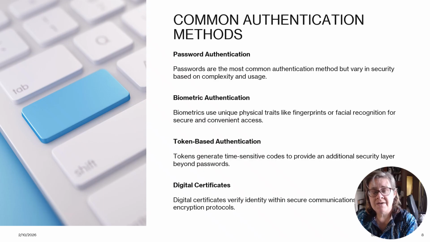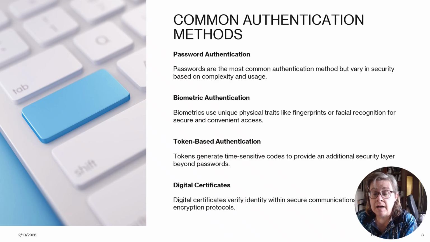Each varies in security level and usability depending on the context. Generally, people will have a password and a one-time password, what they call MFA, where you have to get a one-time code on a phone or a tablet or something, or via email. But you might also have to use a password and then biometrics and a pass number.